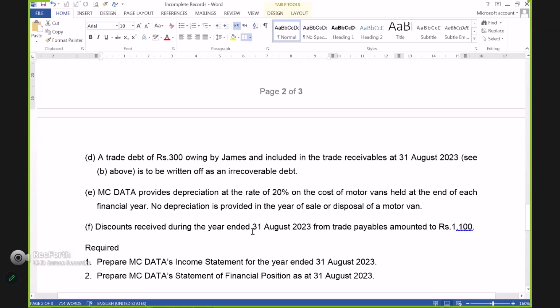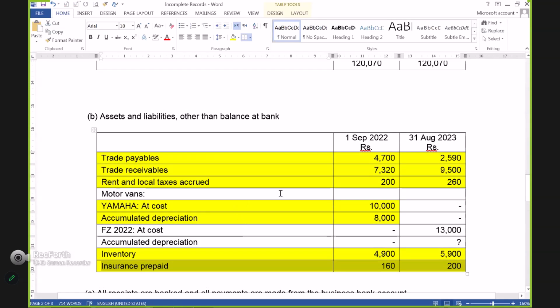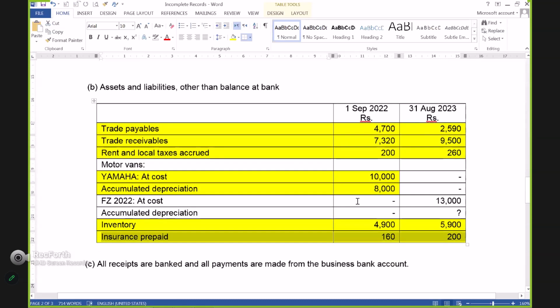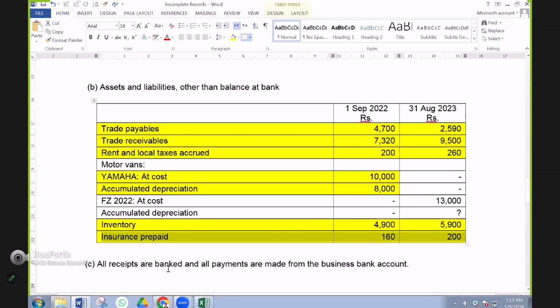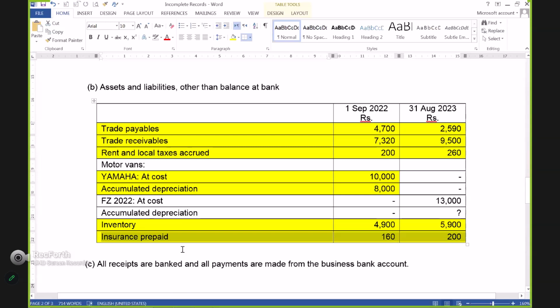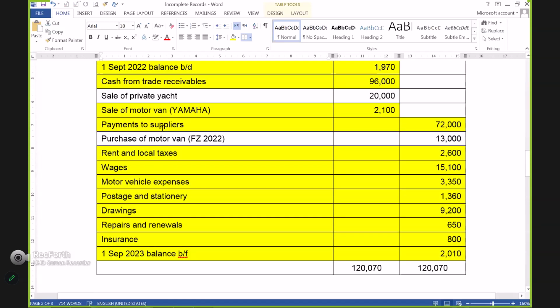Here you can see the sale of the motor van.